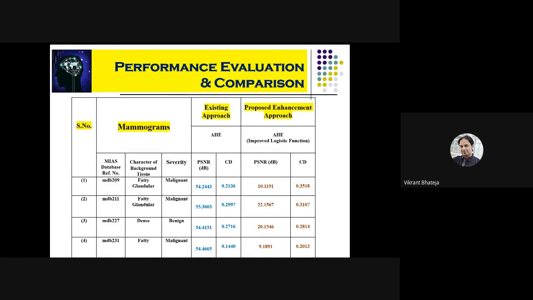But now if you focus on these values, there is again something very, very alarming. Now what has happened? You have chosen PSNR. With the existing approach it is 54, and now the proposed function is giving you 10. Contrast difference with the existing function was 0.2, but with the proposed function it is 0.3, which is just a minor change.